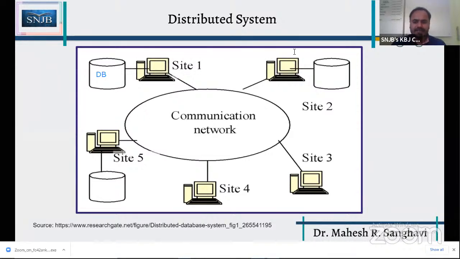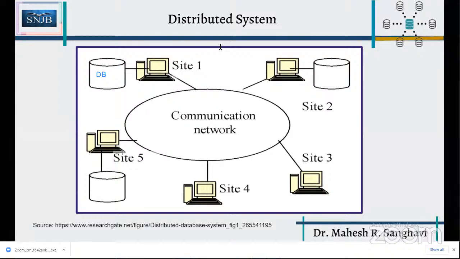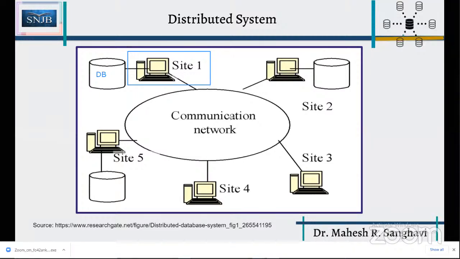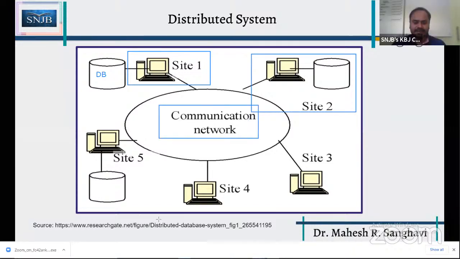So let's have a discussion on why there is this distributed database system. Site 1 is connected, site 2 is also connected, and the entire part is connected via the communication network.